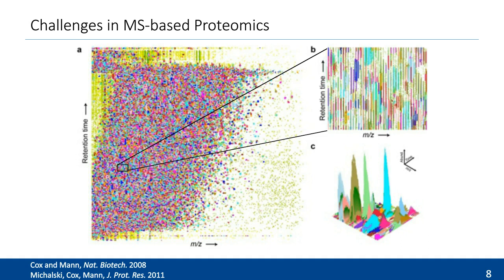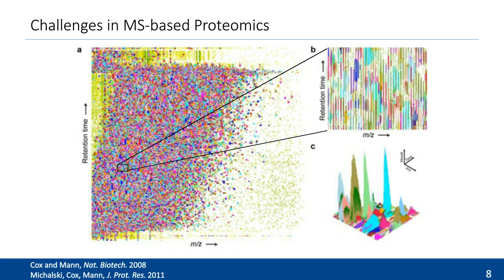As you can see in the zoom in panel B, there's a lot of features or peptides co-eluting. They have very similar masses, and at any retention time there are hundreds of them eluting. And what's shown in panel C is that they have highly different abundances, and for any mass spectrometer that's super challenging to detect as many and as accurate as possible these peptides.